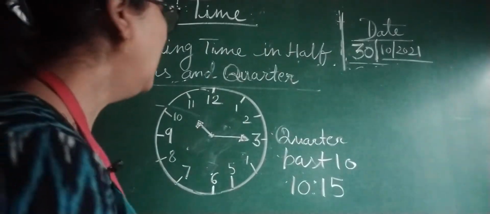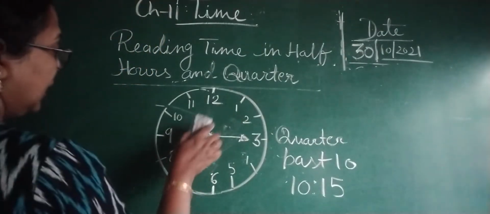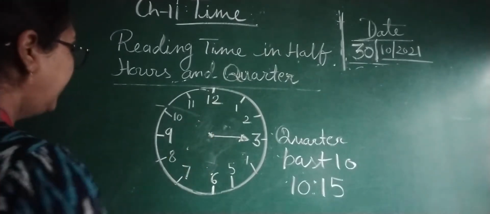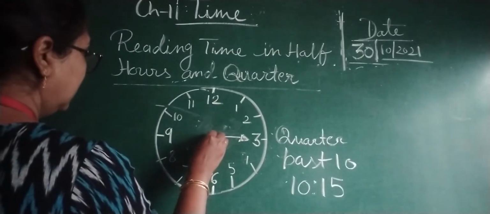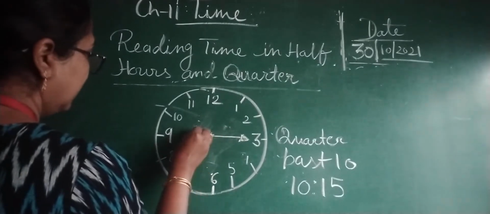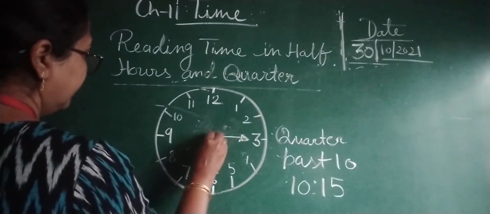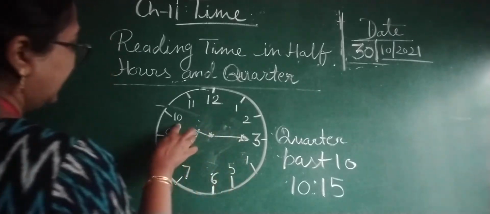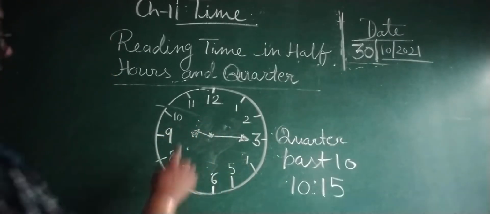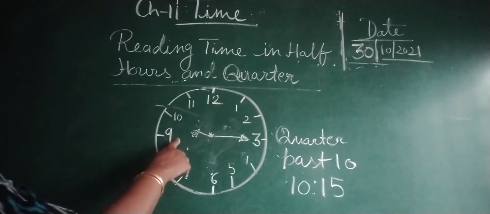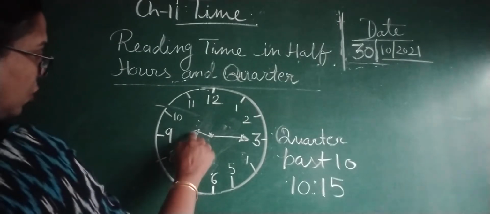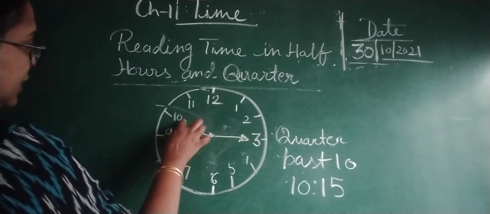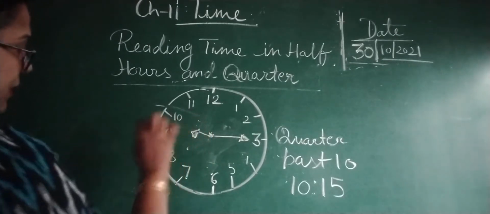ठीक है. Now similarly, if we show over here, थोड़ा सा इनके बीच में है. ठीक है. 9 और 10 के बीच में, ये थोड़ा सा 9 के आगे है और 10 से पीछे है.